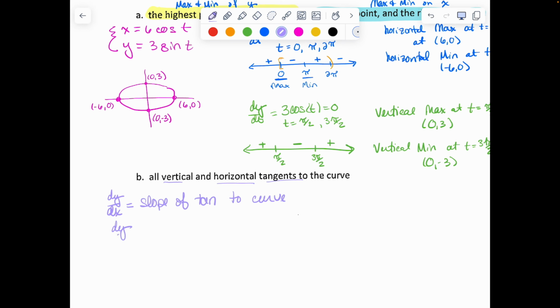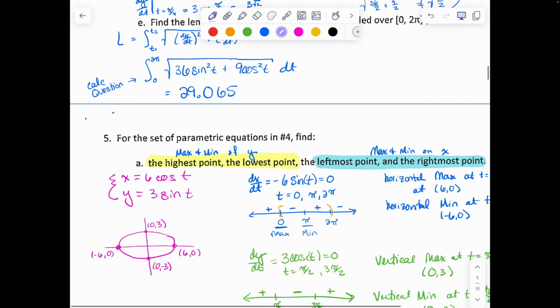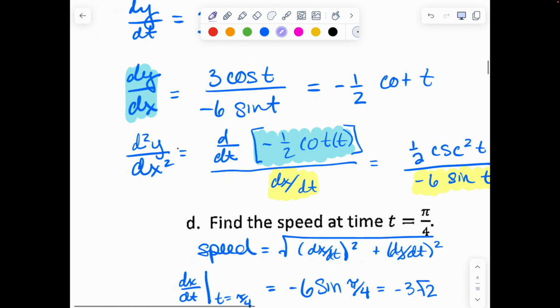If dy dx equals 0, then we have a horizontal tangent. If dy dx is undefined, then we have a vertical tangent. And we knew from up above, dy dx was already figured out. So I want to show you two different things.